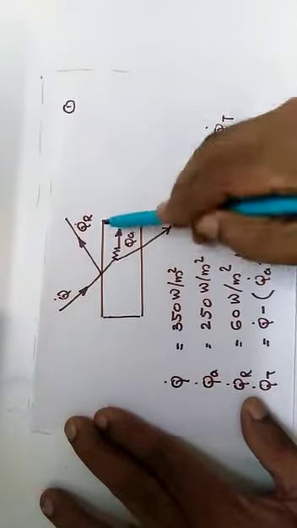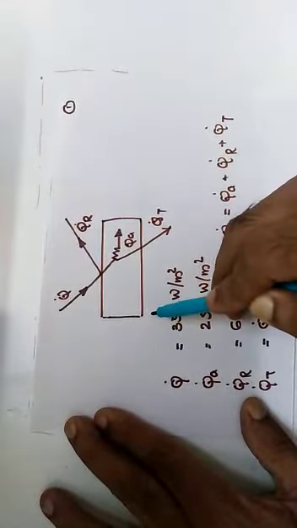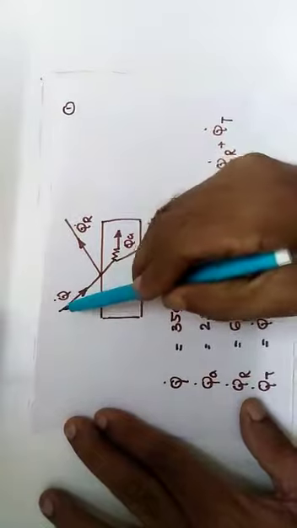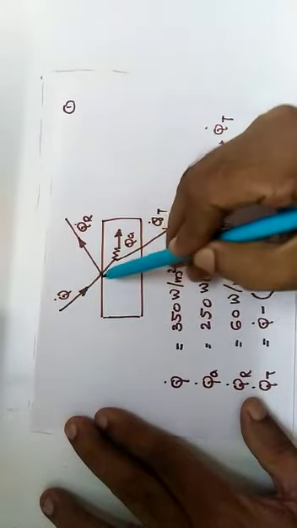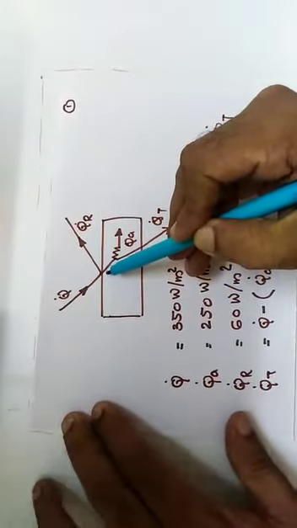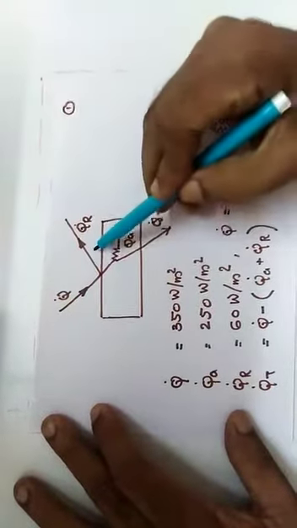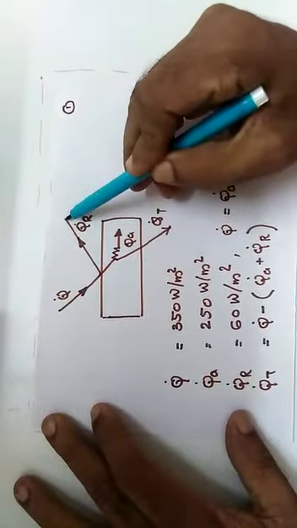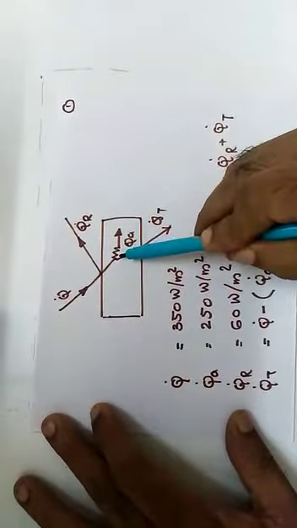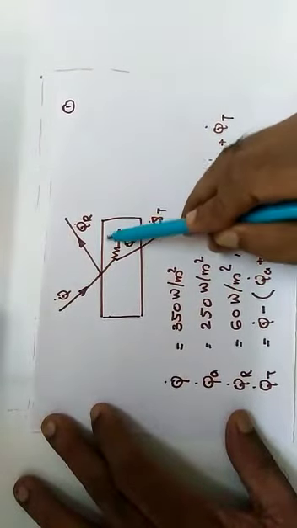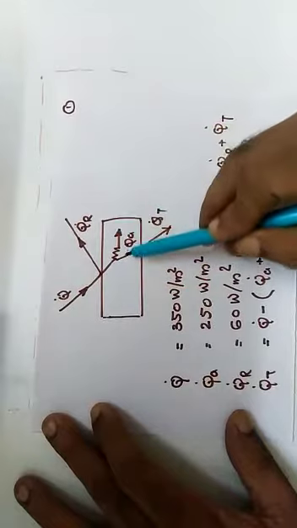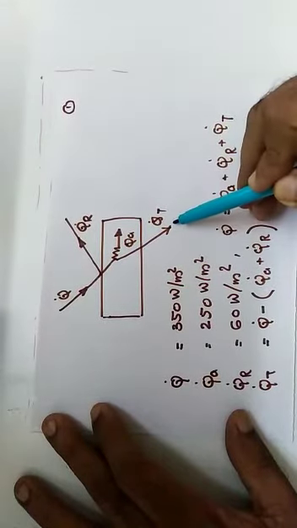This is the surface. Now on this surface, an amount of radiation Q dot is falling. Out of the total radiation Q dot, Q dot R will be reflected, Q dot A is absorbed within the body and the remainder is transmitted.